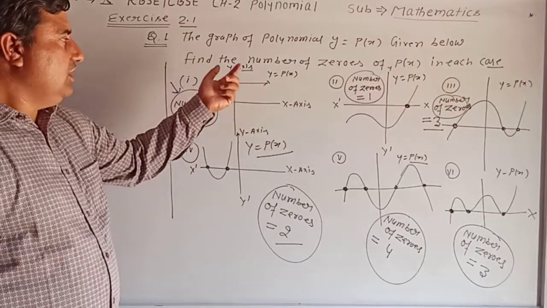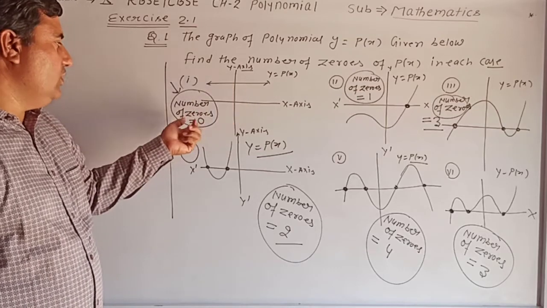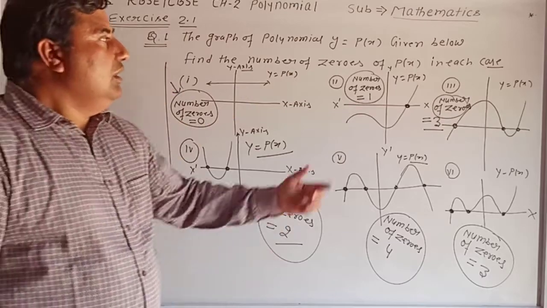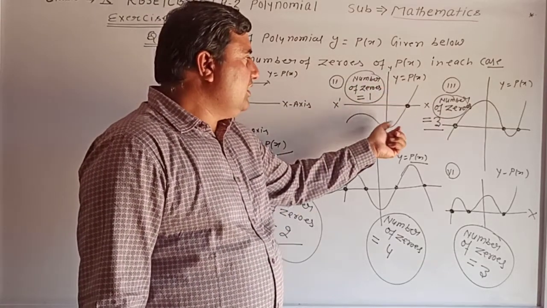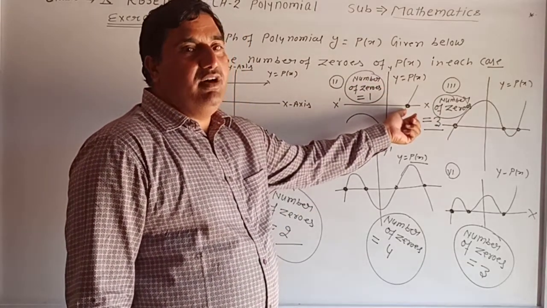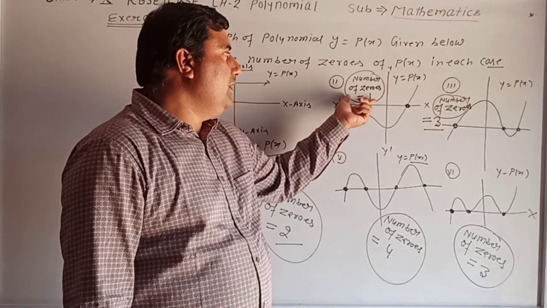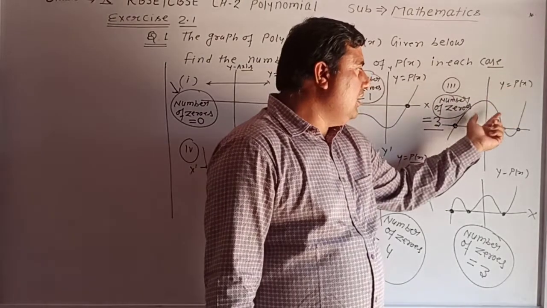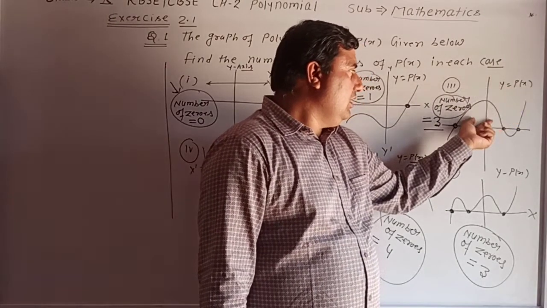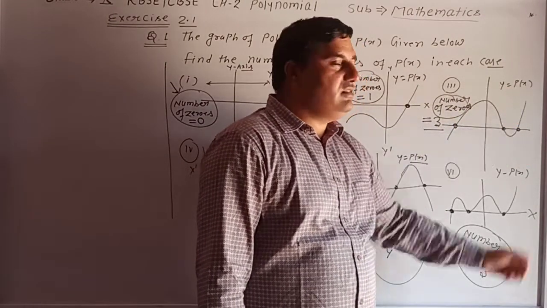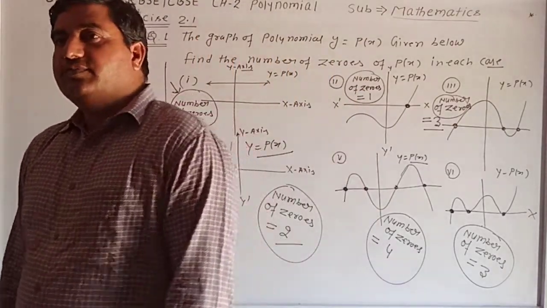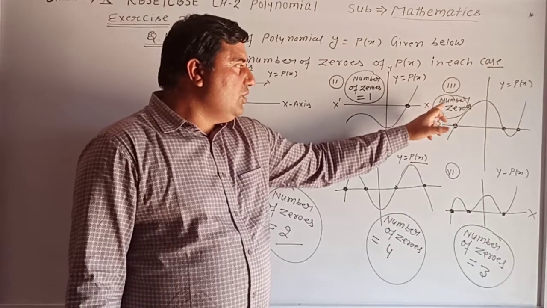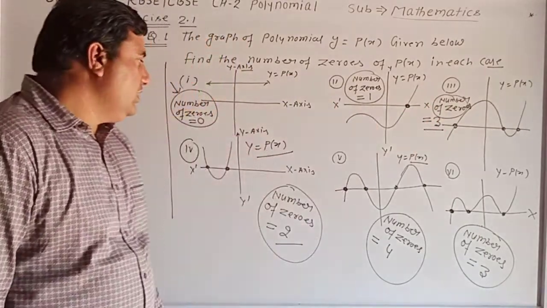This graph does not intersect the x-axis, so the number of zeros is 0. This polynomial's graph intersects the x-axis only one time, so the number of zeros is 1. This polynomial's graph intersects the x-axis 3 times, then the number of zeros is 3.